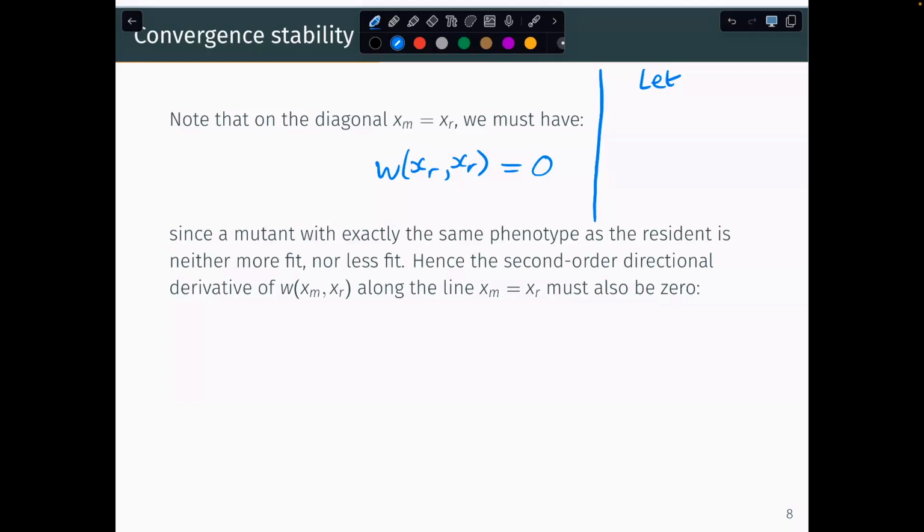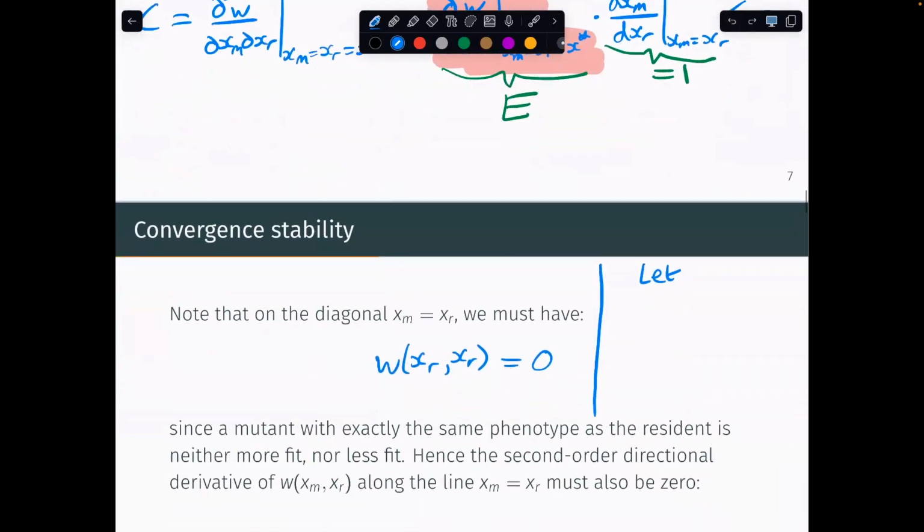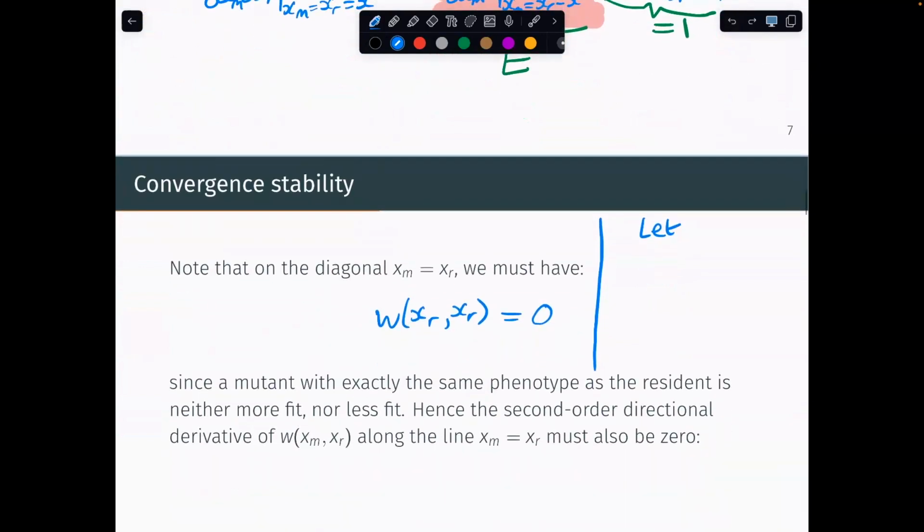Because there's no change in invasion fitness, the directional derivative along that line has to be equal to 0. We're doing this ultimately because it allows you to eliminate this cross derivative, which in some circumstances can be beneficial. So we're going down a little bit of a rabbit hole, making it a little more complicated, because sometimes it can make things more simple.